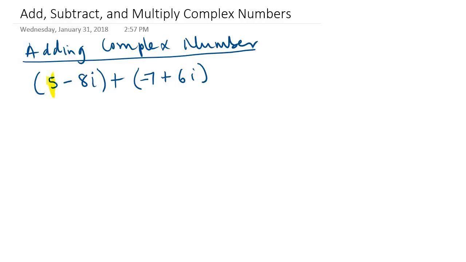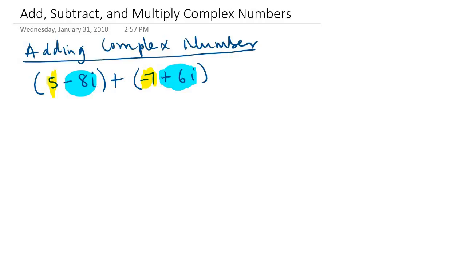The real part is the one that is highlighted in yellow. They go together. And then the imaginary part is the one I'm trying to highlight in blue. They go together. Notice that the sign is included with the number. I included the sign in front of the number, so be careful with that. That's the only thing you need to be careful about.